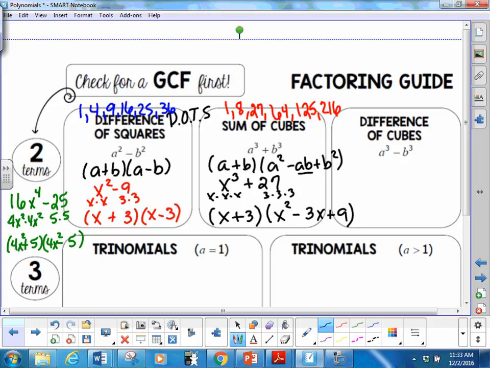Difference of cubes. It's the same sort of situation, but the pattern changes just a little bit. Instead of the first being A plus B, remember I said the first parentheses always follows the sign of what's given. And instead of the two signs alternating, in the second parentheses they're both going to be plus.